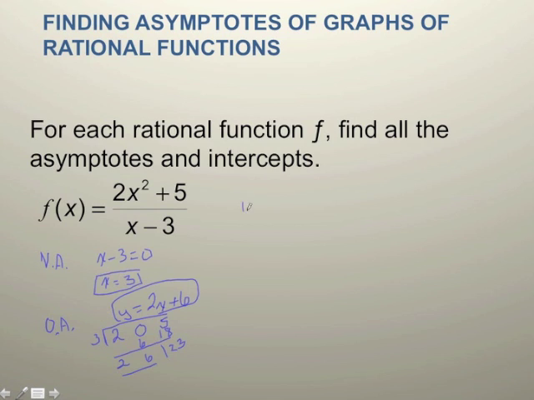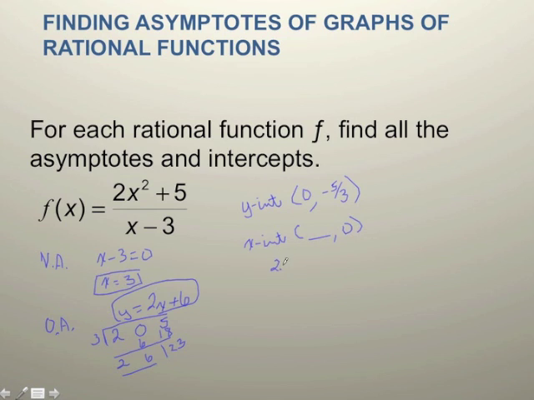Now we'll look for the y-intercept. So x is 0. When I fill that in, I get 5 over negative 3, so negative 5/3 is my y-intercept. The x-intercept: the numerator has to be equal to 0.